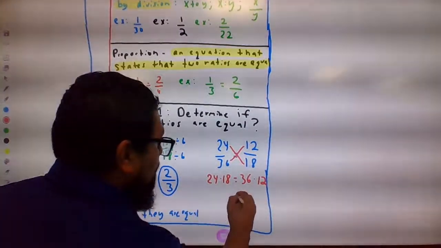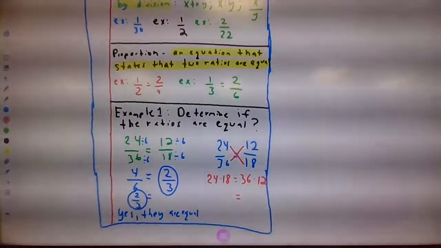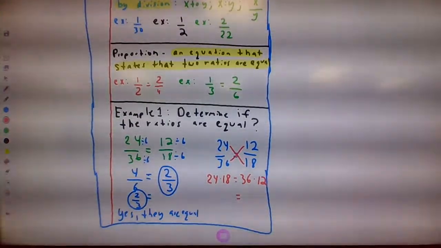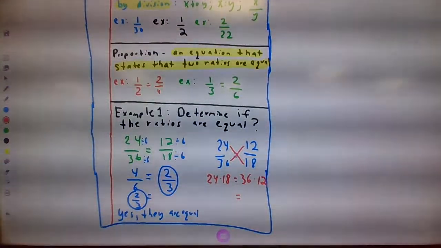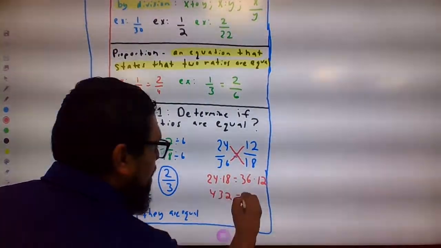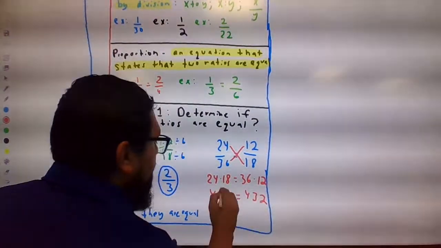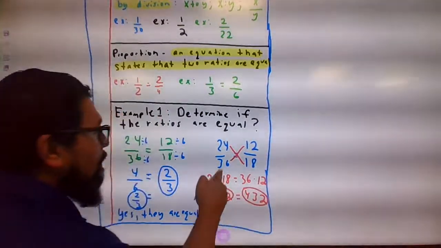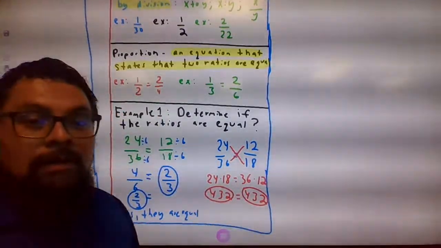Now, if you punch these into your calculator, 24 times 18 and 36 times 12, your answer is going to be 432 and 432. Because they are equal, this proportion is equal.